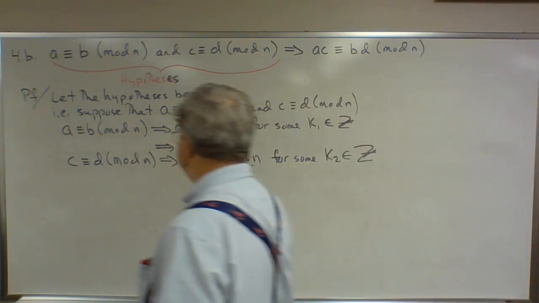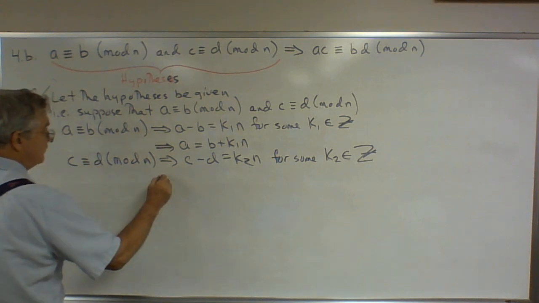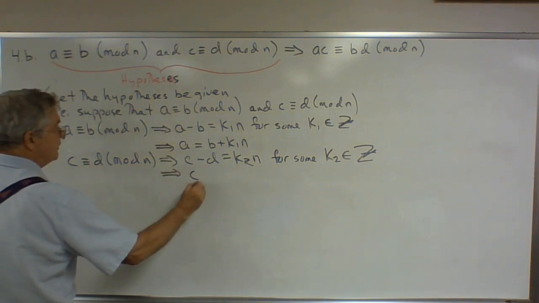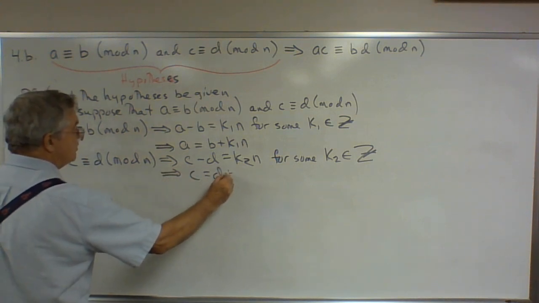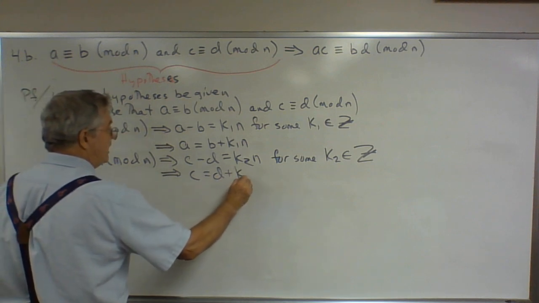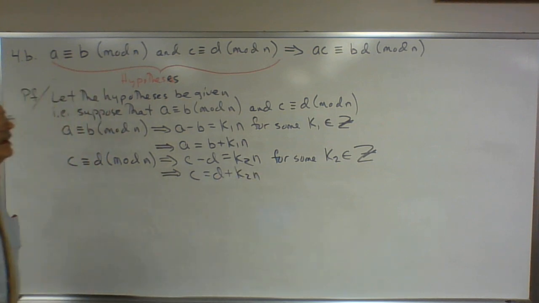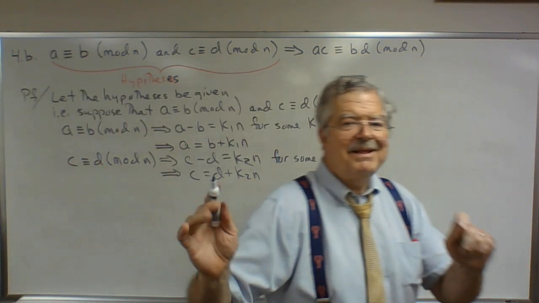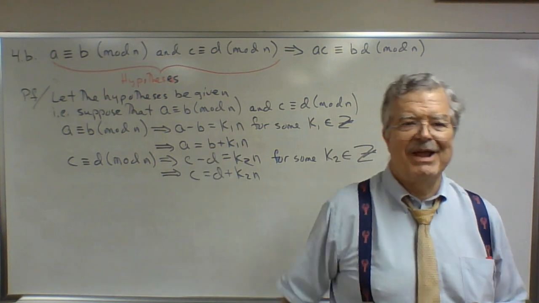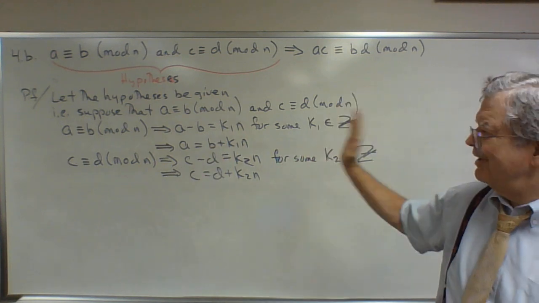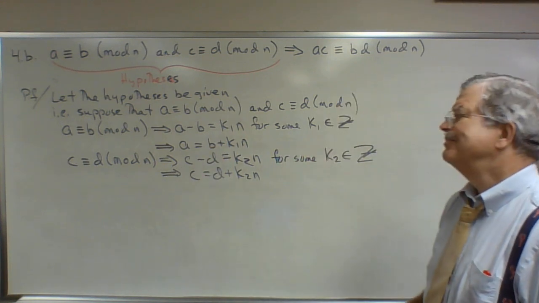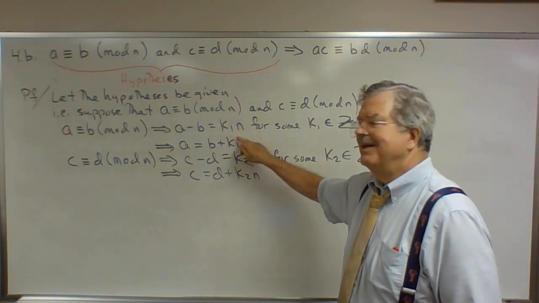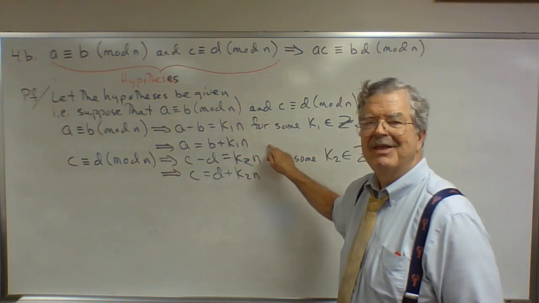And I'll draw a similar conclusion from this, namely that C is equal to D plus k2 n. Oh my goodness. After 4A, this should have been a no-brainer. And I started to not rewrite this when I had the opportunity.